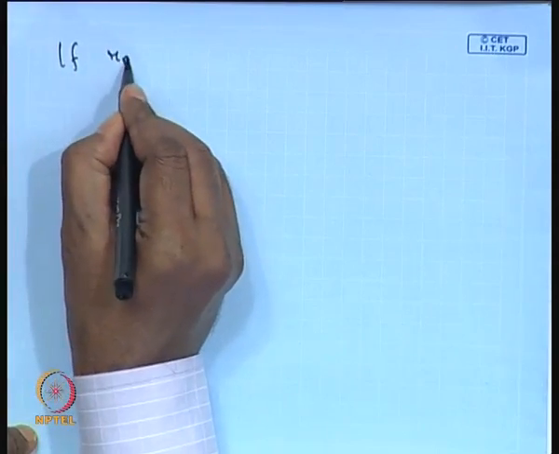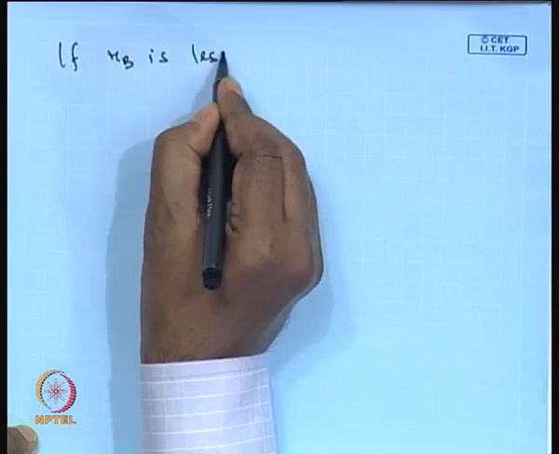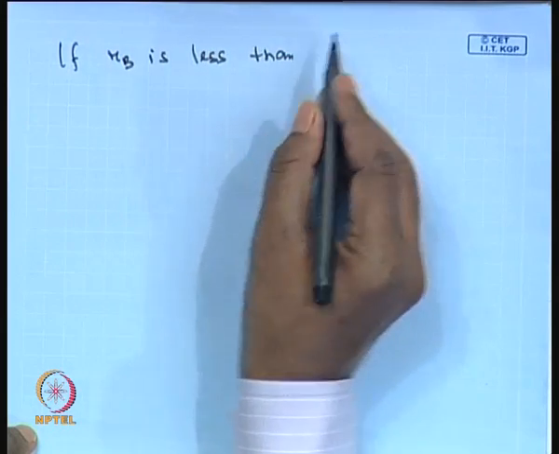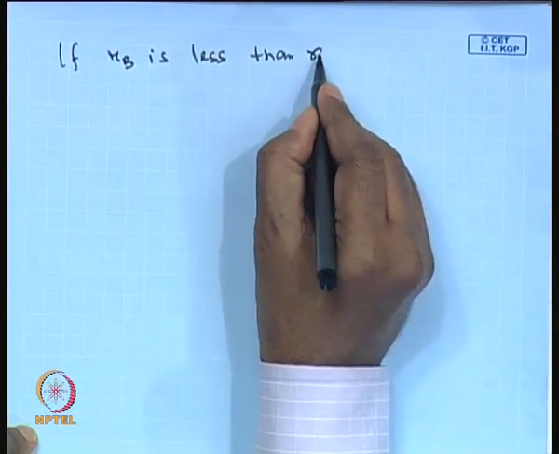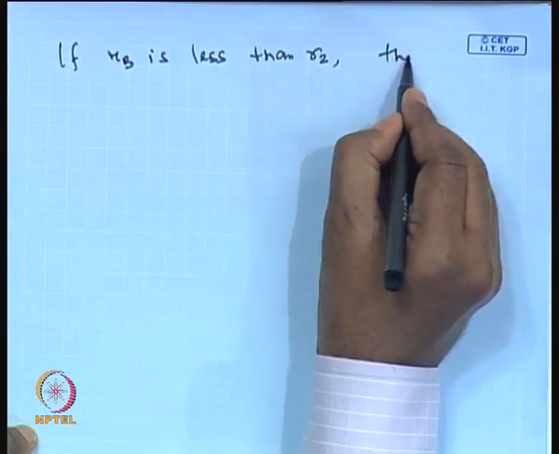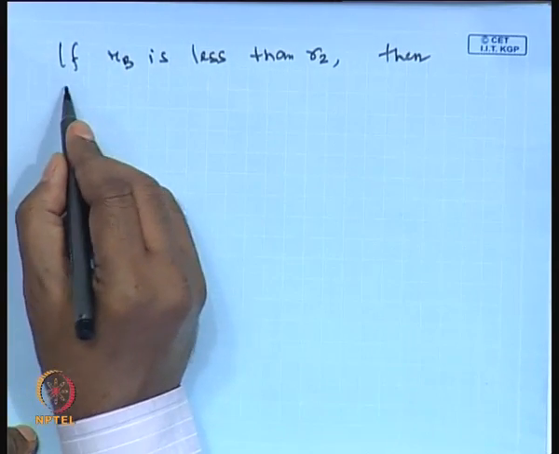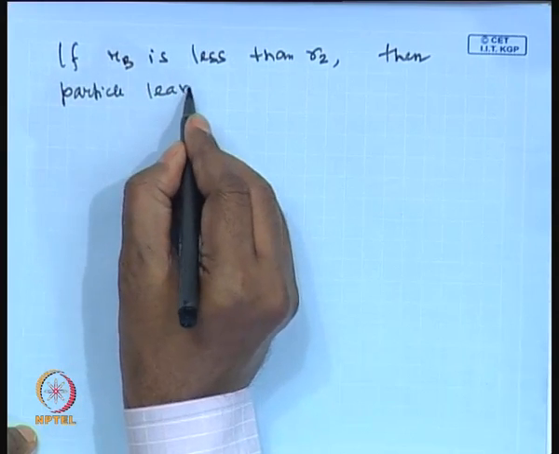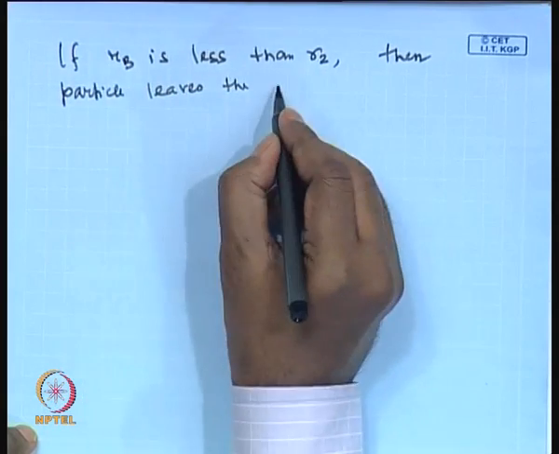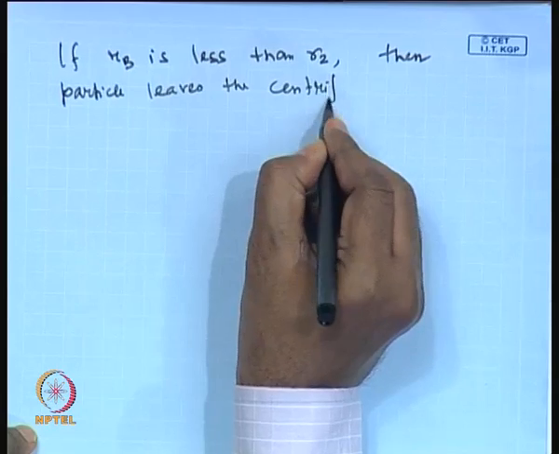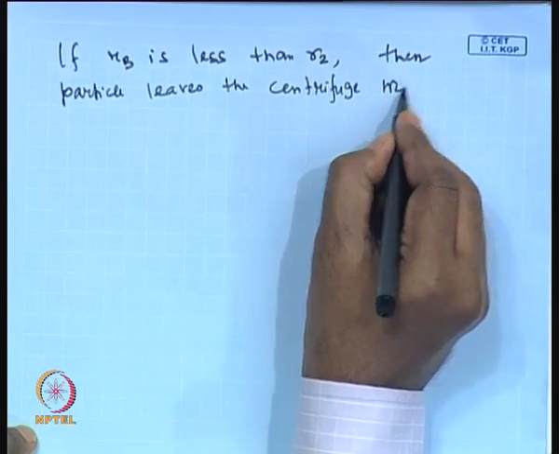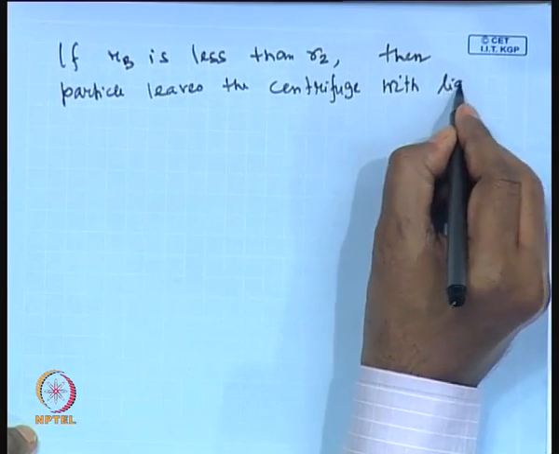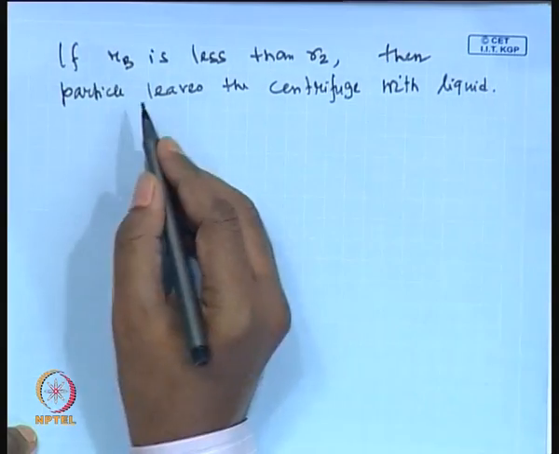That means, if RB is less than R2, then the particle leaves the bowl, leaves the centrifuge with liquid. Okay.